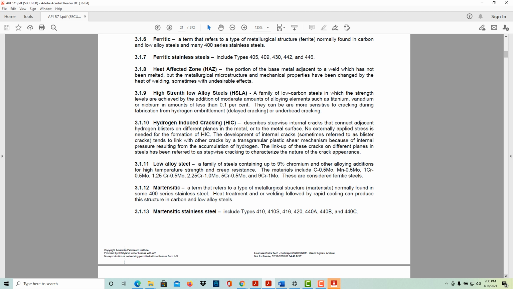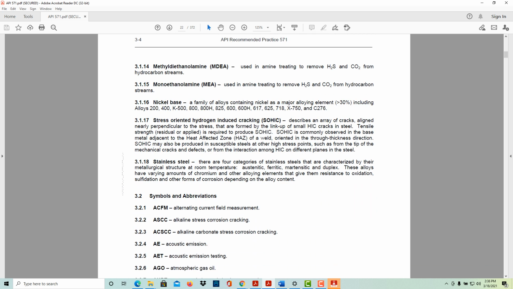These are considered ferritic steels. Martensitic, a term that refers to a type of metallurgical structure, martensite, normally found in some 400 series stainless steels. Heat treatment or welding followed by rapid cooling can produce this structure in carbon and low alloy steels. Martensitic stainless steels include 410, 410S, 416, 420, 440A, 440B, 440C.